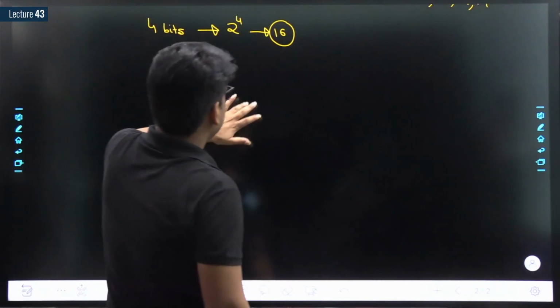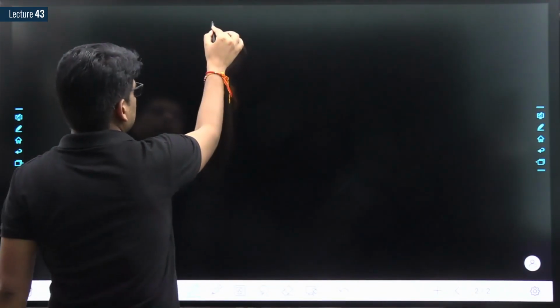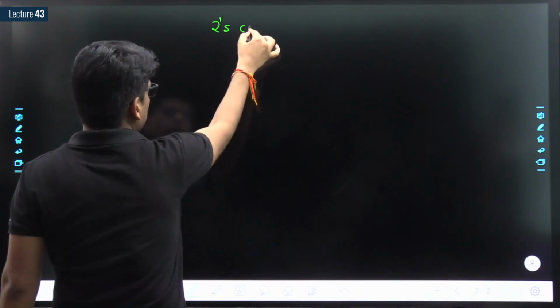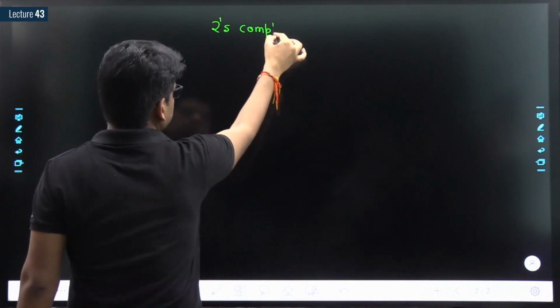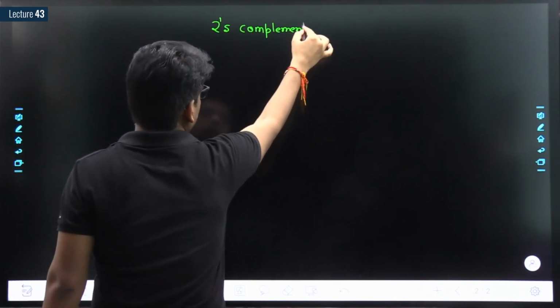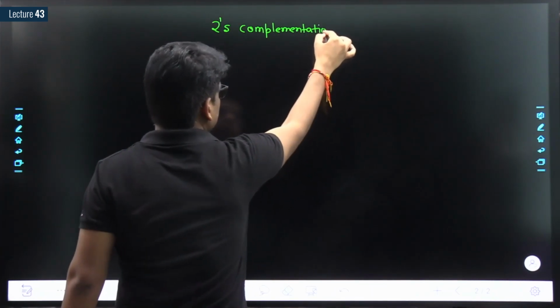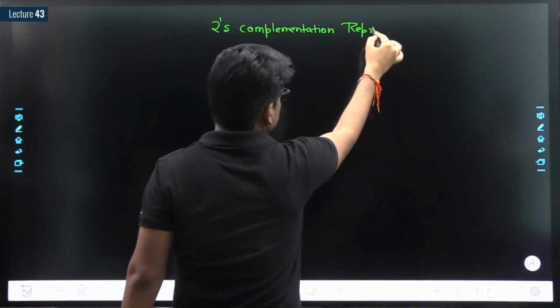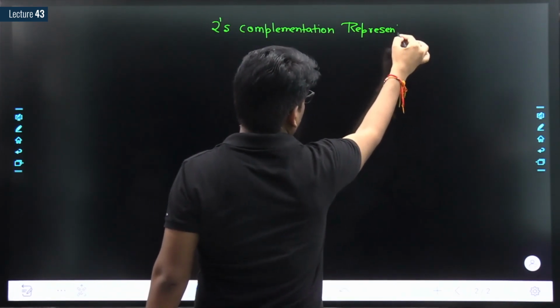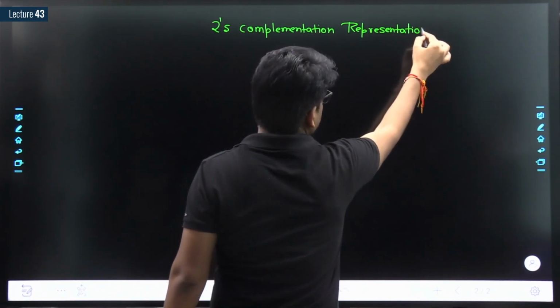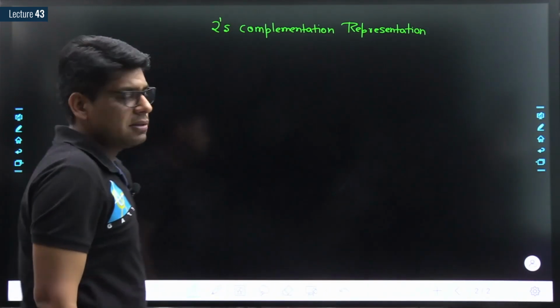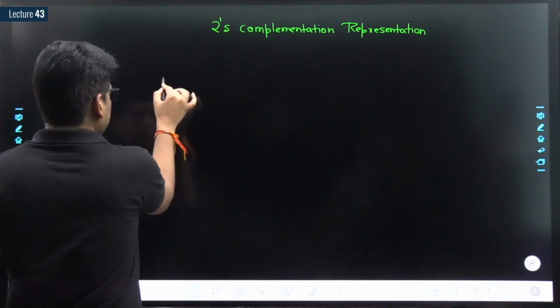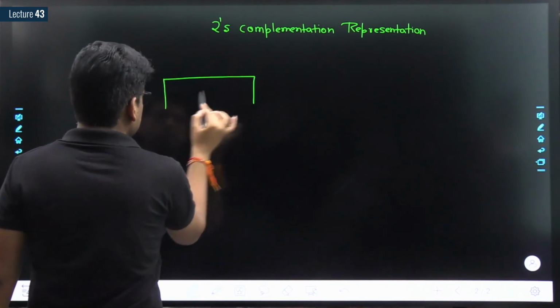How is it possible? Let's see 2's complementation. What is the range in the 2's complementation method? In 2's complement representation, how can we save the value wasted by minus 0 in signed magnitude? We have 4 bits.